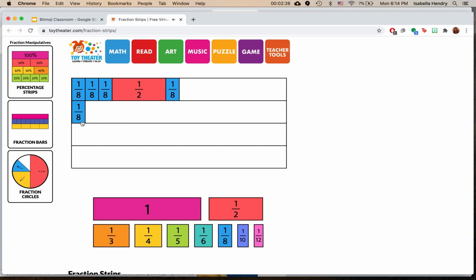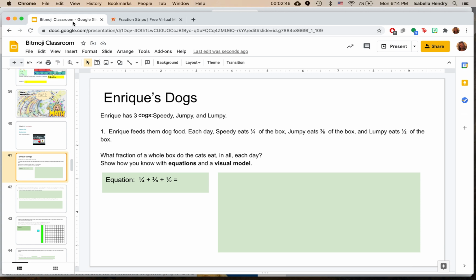Okay, so now I have 2/8. Now I need to figure out what to do about my 1/2. So I'm going to see that 1/2 equals 4/8. So all together, I have 1, 2, 3, 4, 5, 6, 7, 8, 9. 9/8.